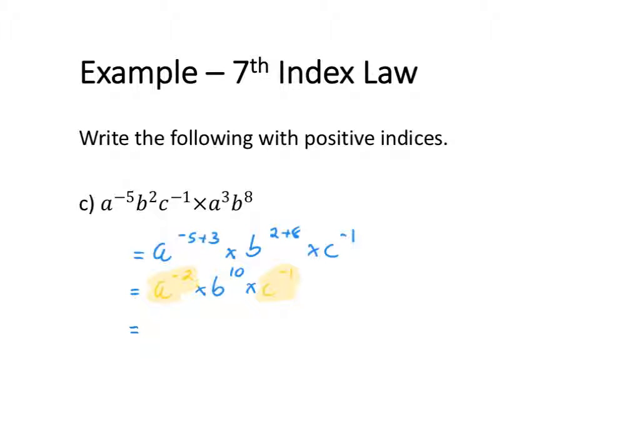And that will leave me with b to the power of 10 that stays up the top because it's a positive. Then down the bottom is going to be a to the power of 2, c to the power of 1, or I can just write c because the 1 doesn't need to be written. So my simplified answer after applying the seventh index law is b to the power of 10 over a to the power of 2, c.